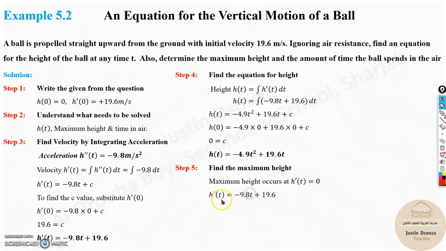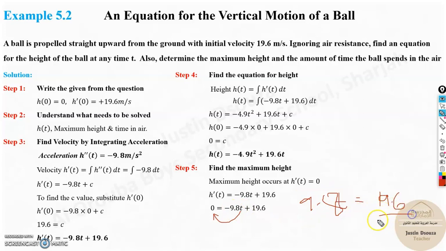So all you need to do is, what is the h dash formula? Over here we have it, right? So we need to find the maximum height. This is the velocity equation we have. Now equate h dash of t equal to 0 and solve for t. Just take this to the other side, make it positive, and then divide. So it'll be 9.8 t equals 19.6.